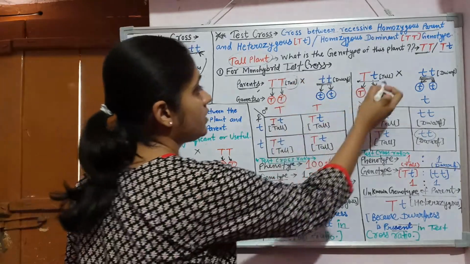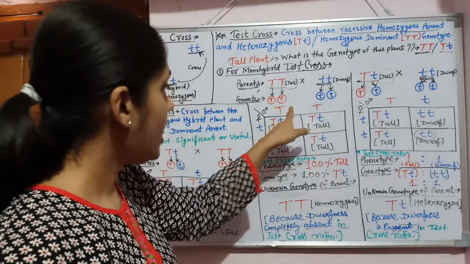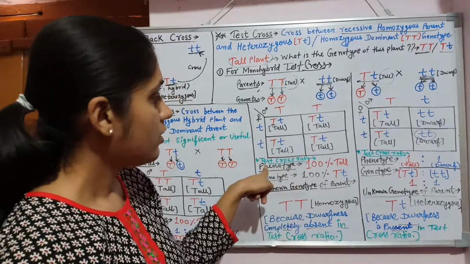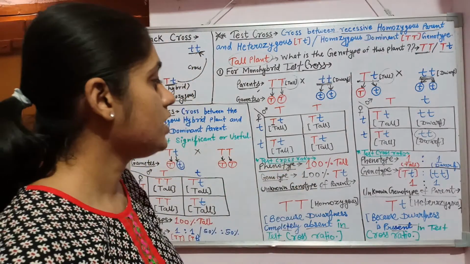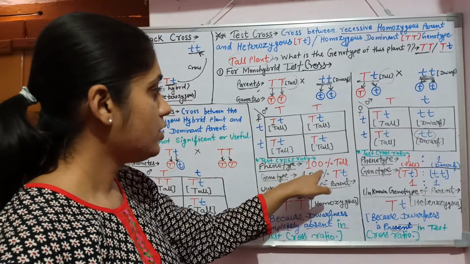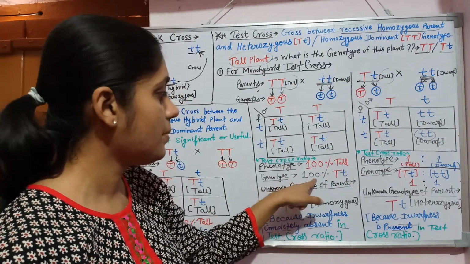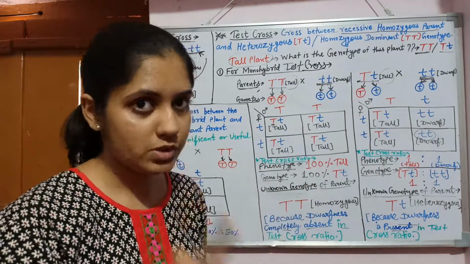You know only that both are tall. Then you form the gametes, and after the gamete formation you form the checkerboard, and then you will get the test cross ratio. In the test cross, the phenotype shows 100% tall plants, but you don't know the genotype. The phenotype you must know only.